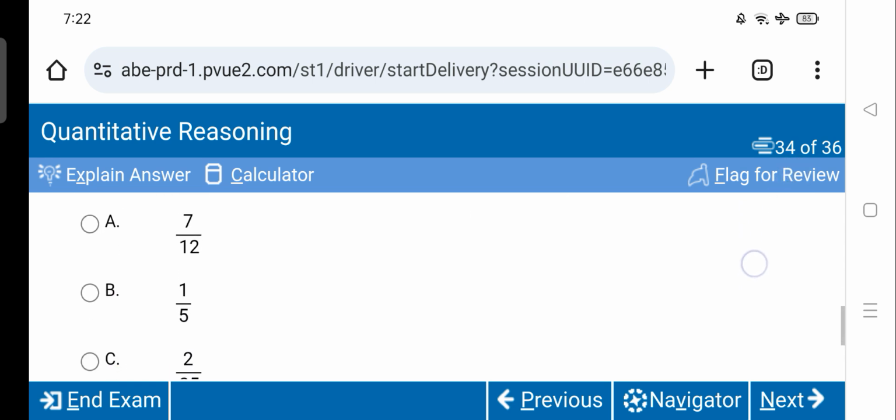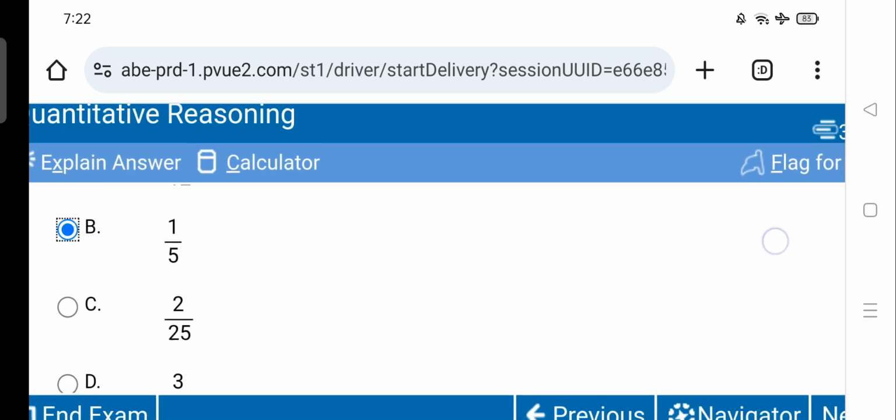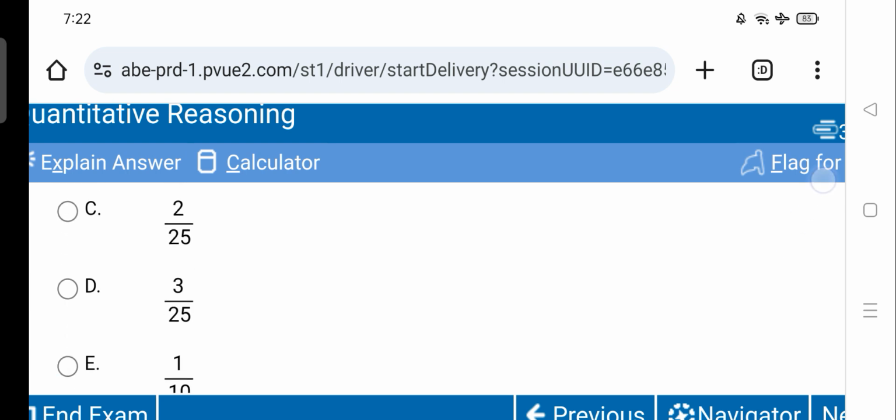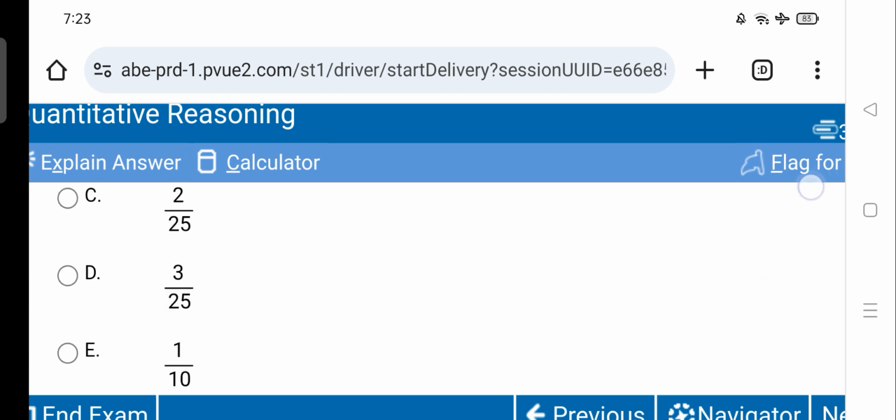Option A 7 by 12, option B 1 by 5, option C 2 by 25, option D 3 by 25, option E 1 by 10.